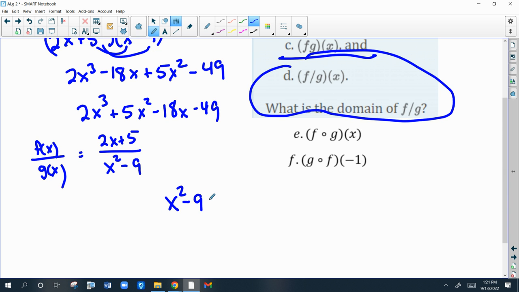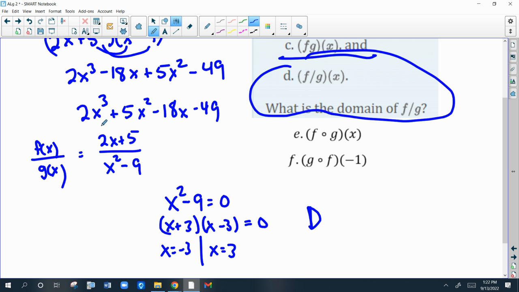I'm just going to factor it like we usually do. It's not the only way to do this one, but it's a good way because it does guarantee you that you're going to find them all. X equals negative 3 and x equals 3. So since you can't divide by 0, and that would make the bottom 0, the domain of this new function here is x cannot be plus or minus 3.